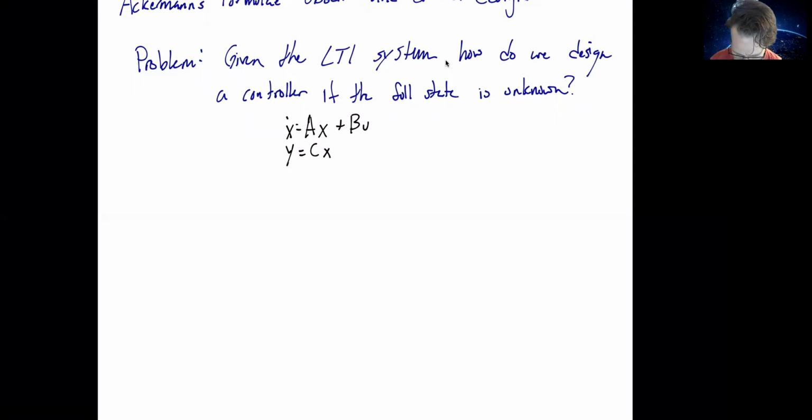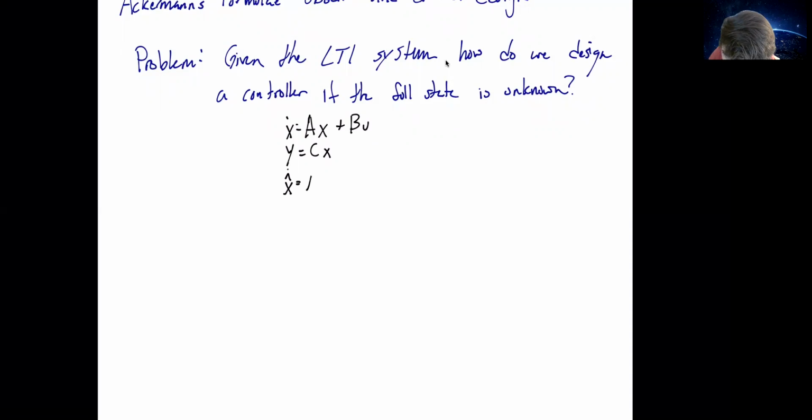So what we're going to do is essentially take a copy of our system, because we know what our system is. We know our A, we know our B, and we know our C. Those are known quantities. We're going to take those knowns and make a copy of that, and we're going to use this notation x hat as our estimate.